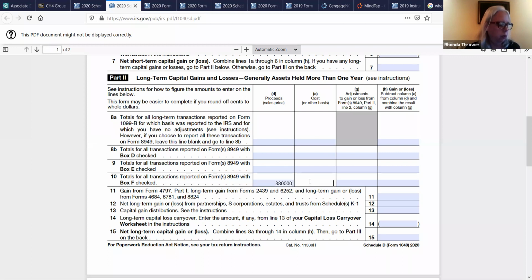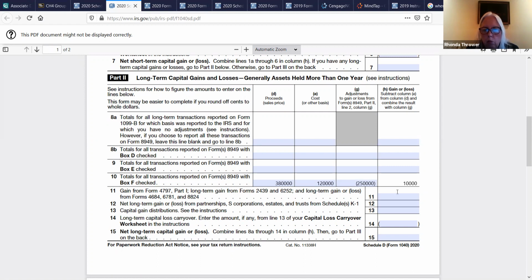It cost us $120,000. We subtracted to find the amount of the gain, but we could exclude 250,000 of that. And so we were left with 10,000 as the amount of the gain.